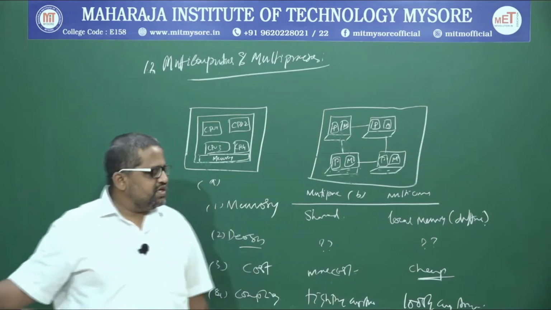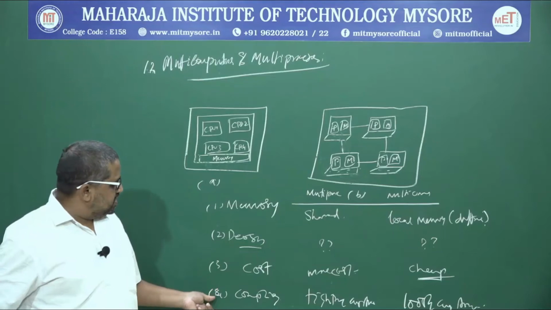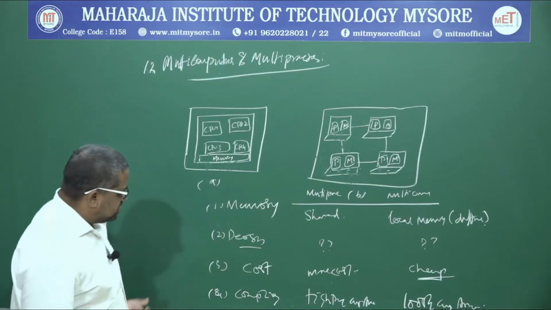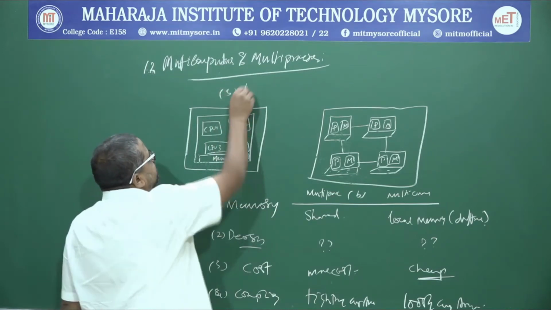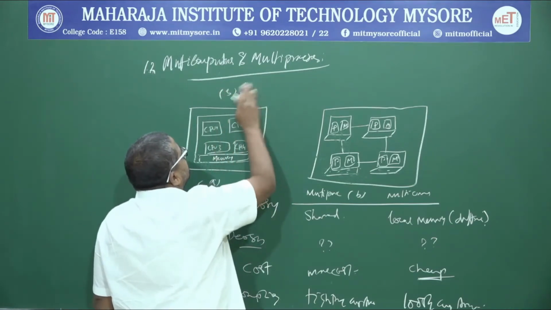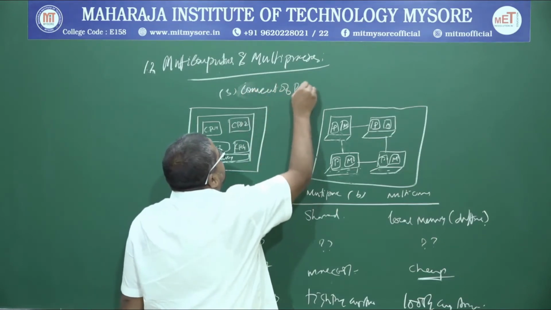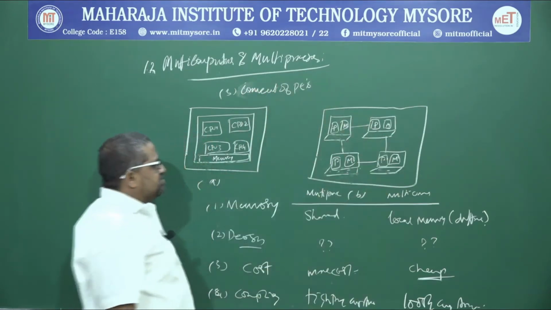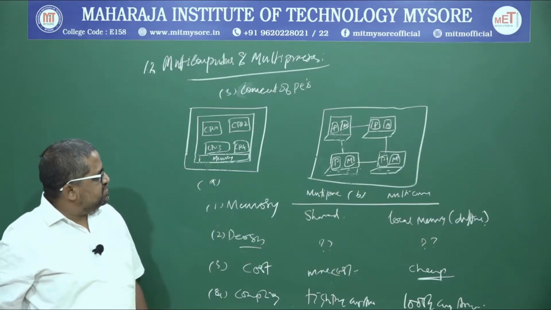And one more difference that you can make out is, because if it is asked for 5 marks, you need 5 points, right. Let me add the 5th point, dynamic nature of communication of PEs, processing elements, right, which has got an easy communication among processing elements, whether this or this.